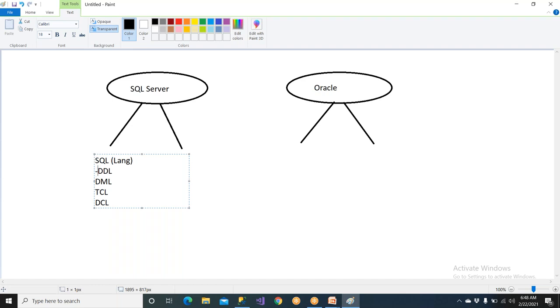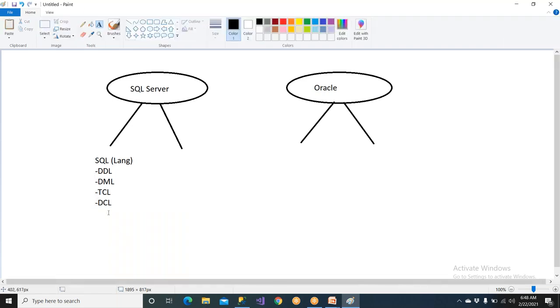So DDL means data definition language, DML means data manipulation language, and then transaction control language and data control language. These are the things we had learned already, right?